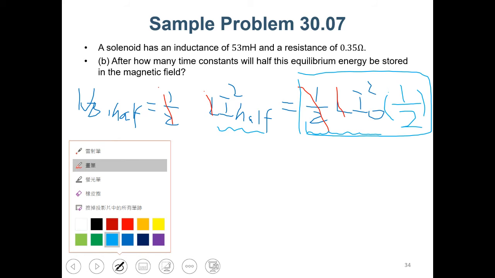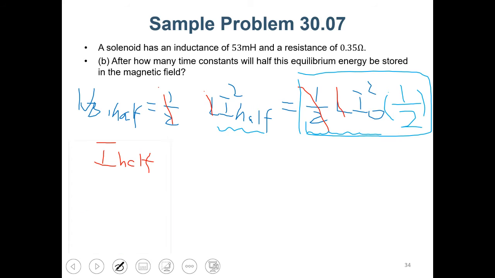So which means that I half should be I0 over square root of 2.